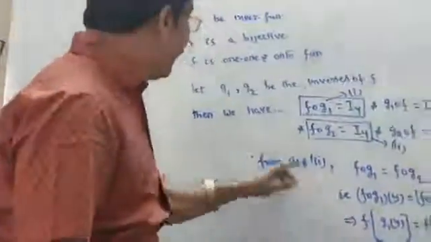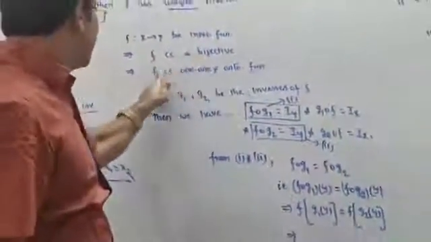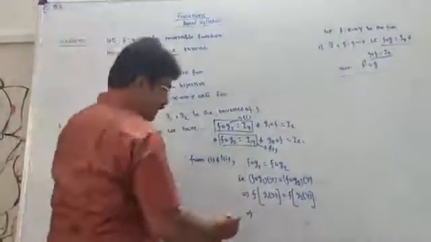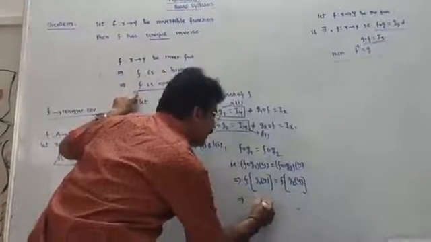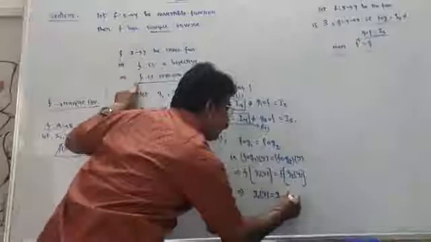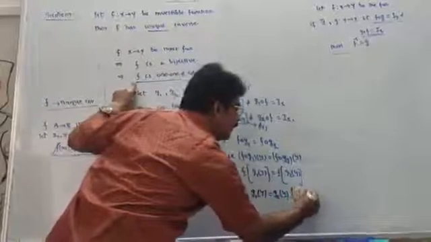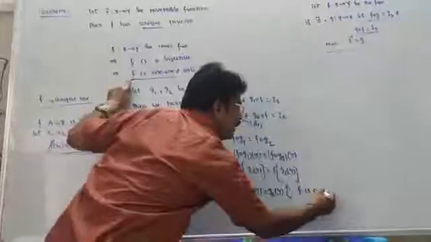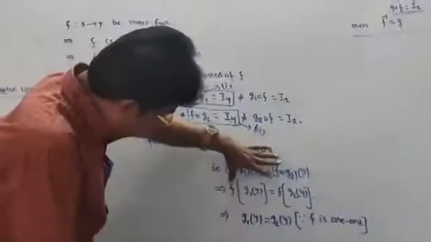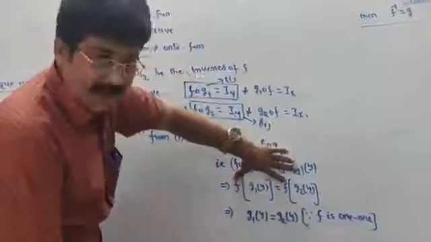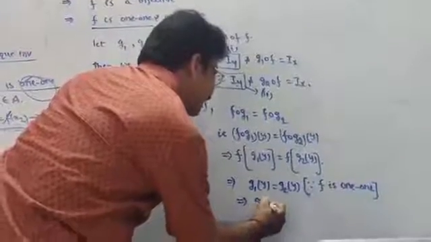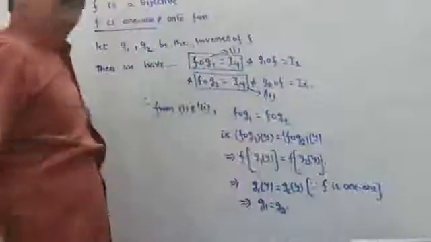So here already f is a bijective function. F is 1-1 and onto function. So since f is 1-1, we can write without the letter f, g1 y equal to g2 y, because f is 1-1. That's why I delete this letter f. So clearly, therefore g1 equal to g2.